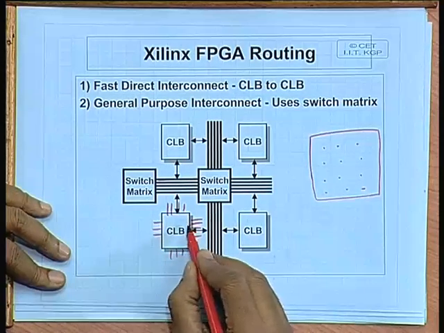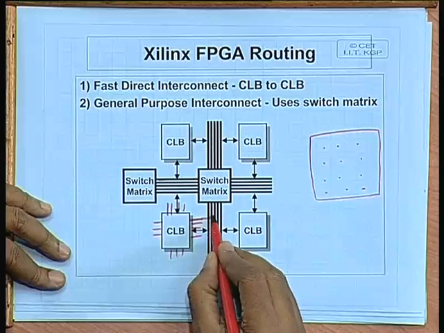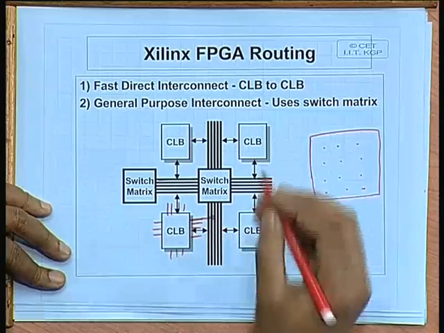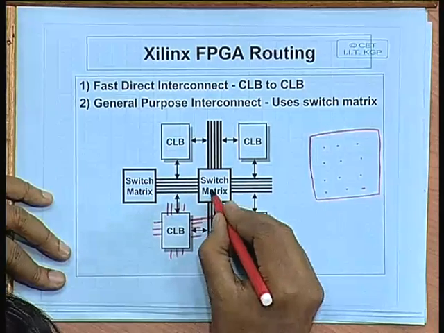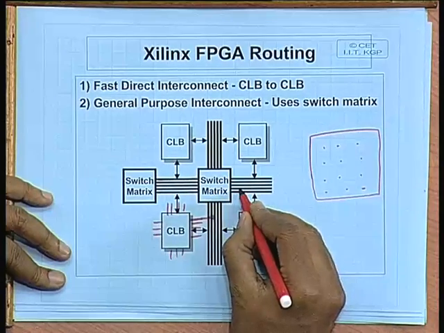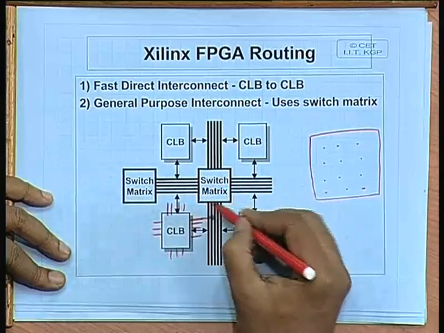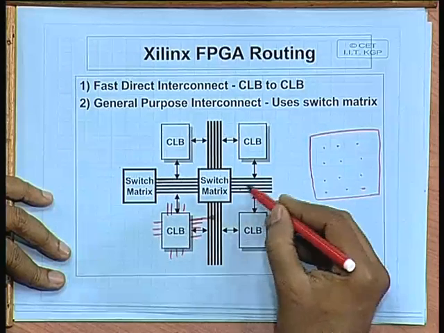So, you can connect a signal line of a CLB to one of these lines out here. This can be programmed, or you can program the switch matrix also, so that, for example, this line can be interconnected to this output line or can be interconnected to this output line as your need arises. So, you can program this switch to specify which input has to be connected to which output.